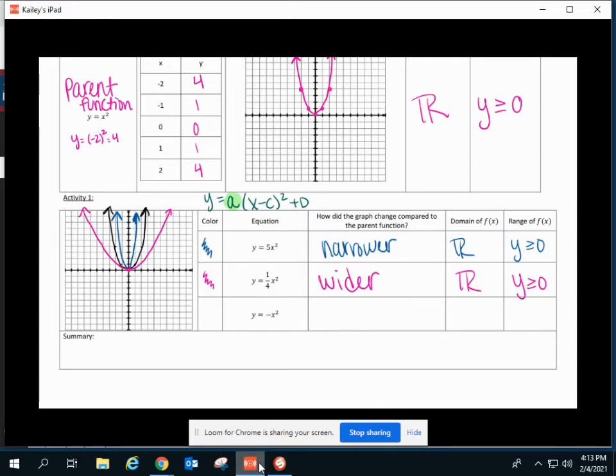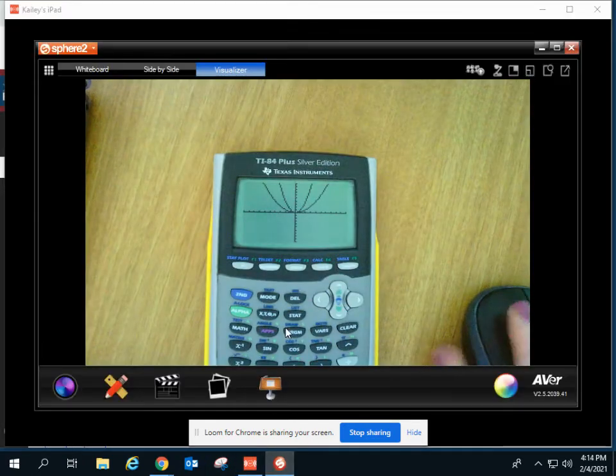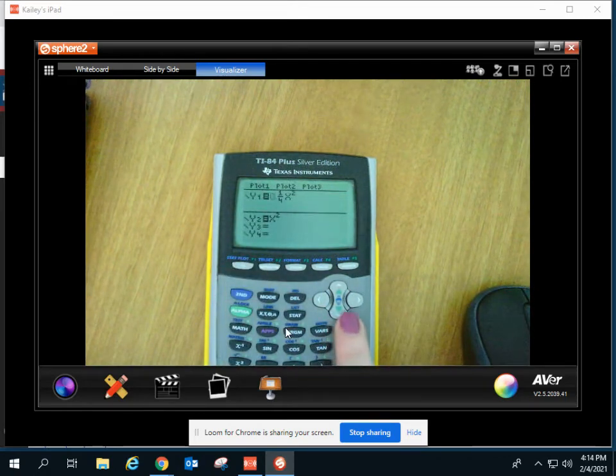The last one here is what is going to happen if there's a negative sign in front of x squared. And we may have mentioned this in class before, but we're just going to graph it really quick in case you don't know.